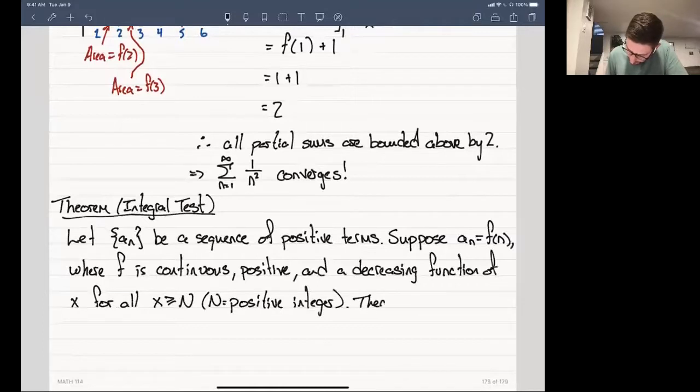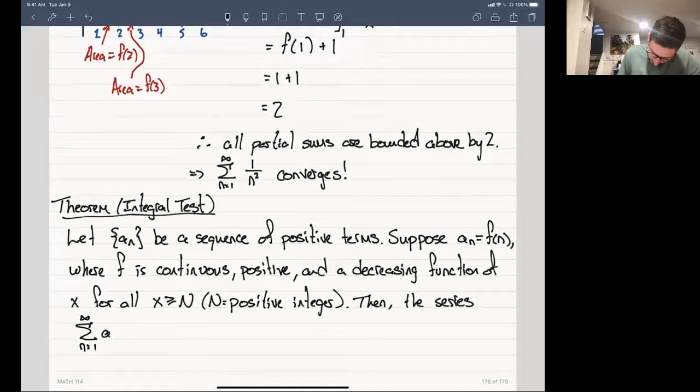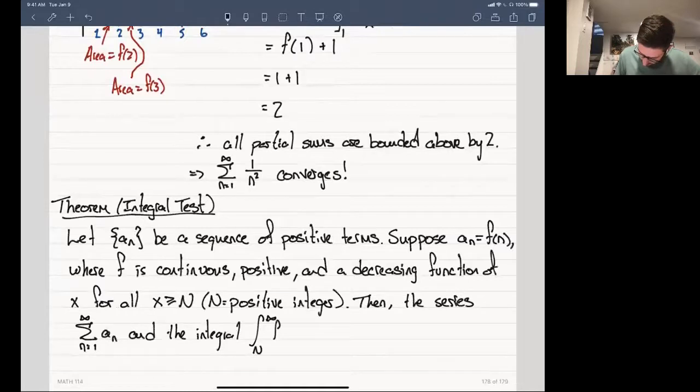So then the series, the sum n equal 1 to infinity of an, and the integral from capital N to infinity of f of x dx, they either both converge or both diverge.